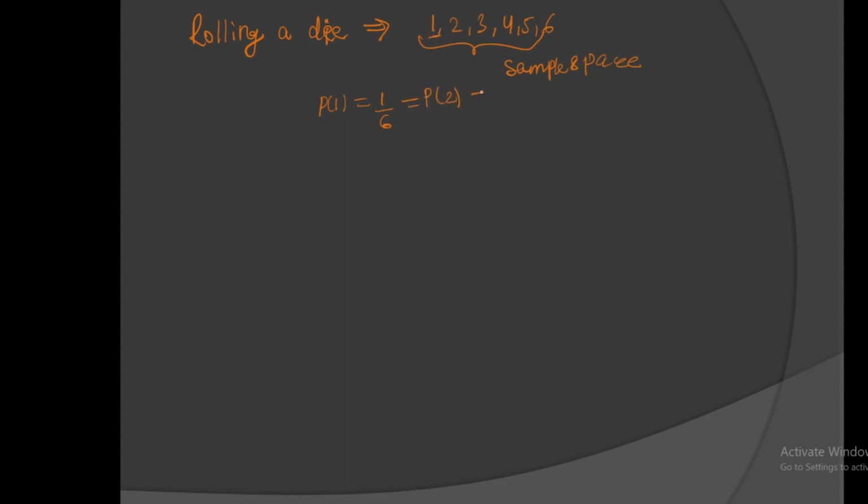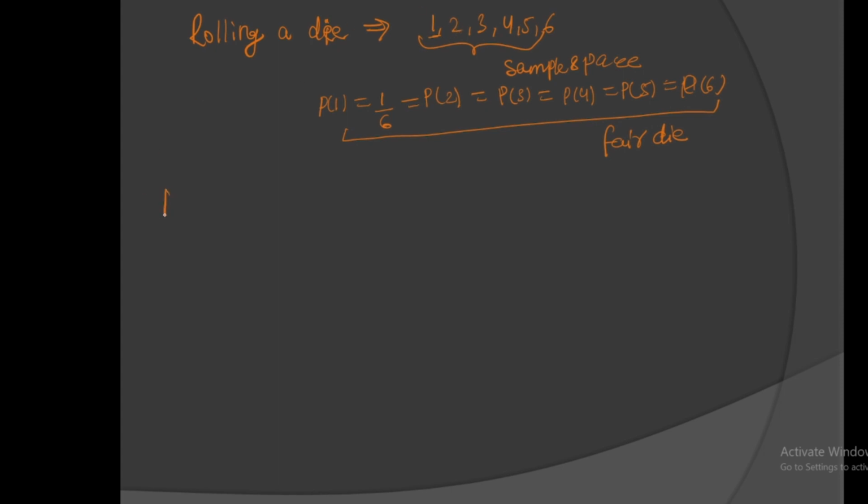Probability of getting 2 is also 1 by 6. Probability of getting 3 is also 1 by 6. Probability of getting 4 is also 1 by 6. And this goes on. Probability of getting 6 is also 1 by 6. That's why we are calling it a fair die. Means we are not biased on any number.